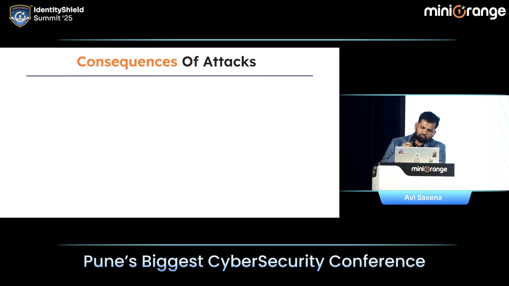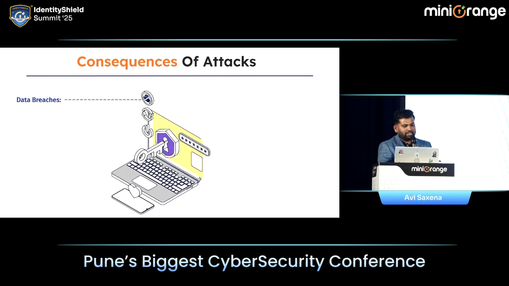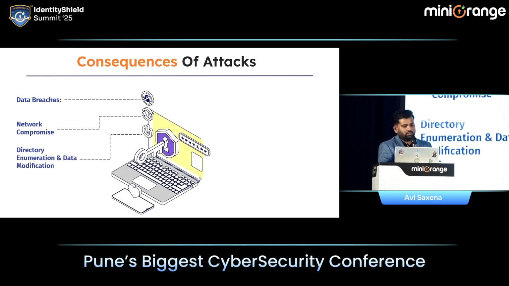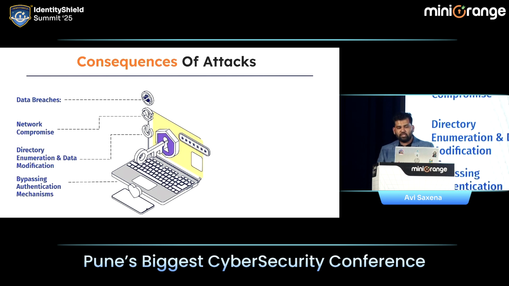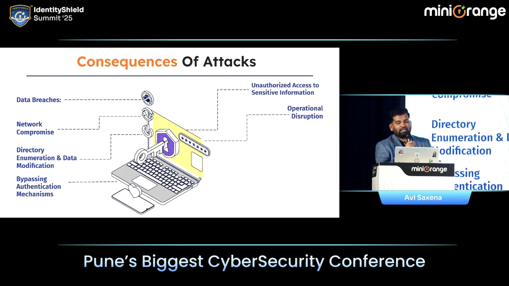So that being said, what could be the consequences of such attacks? Definitely the first of them is data breach. Then the network can be compromised. There could be data modification being done. Authentication can be bypassed. Unauthorized access can leak sensitive information.